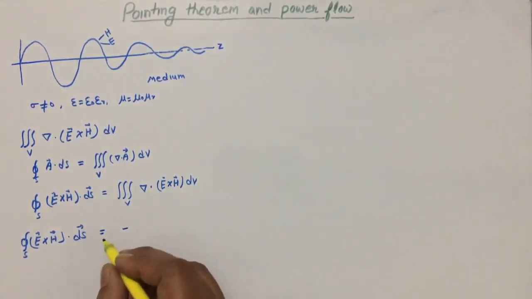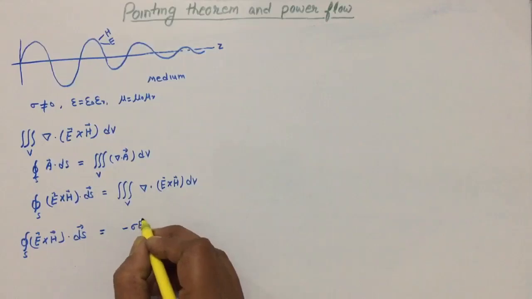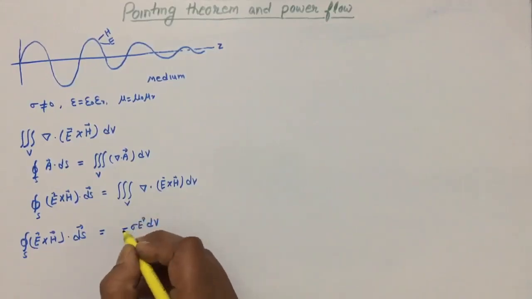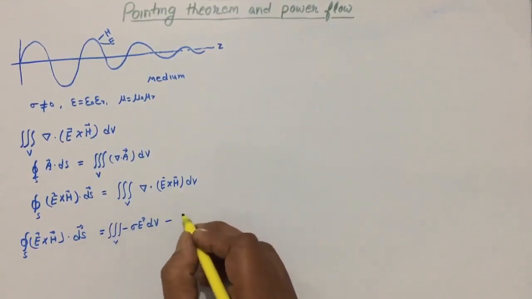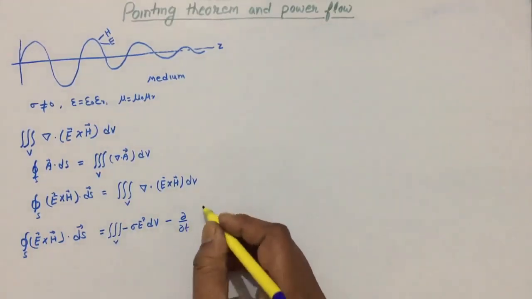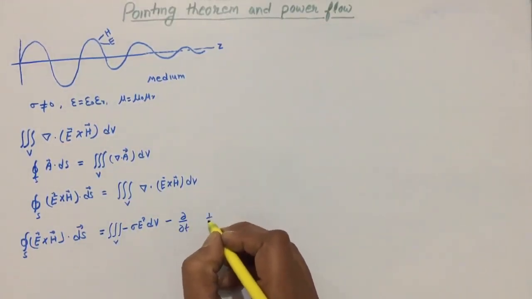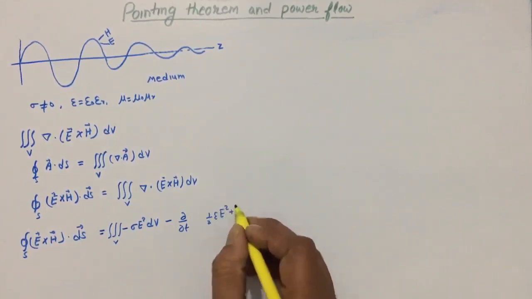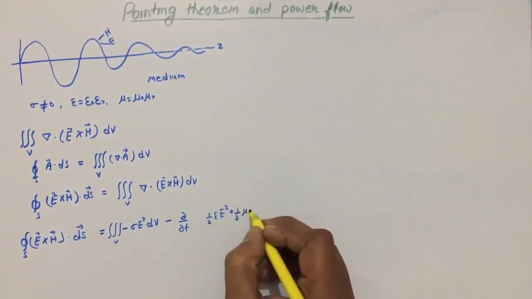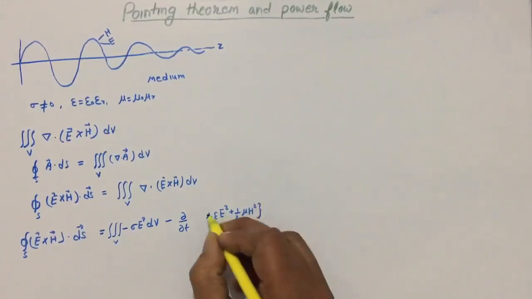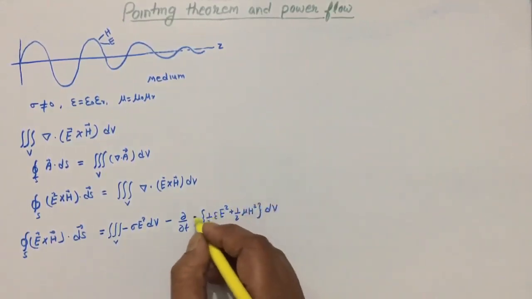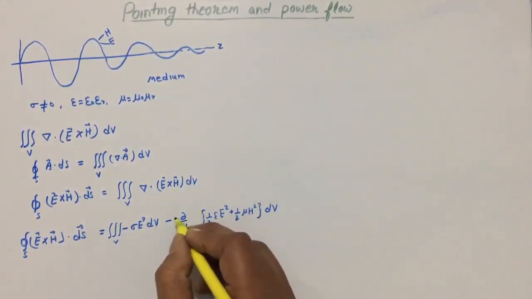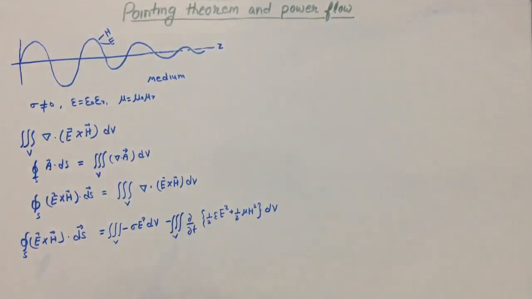It was equal to sigma E square dV for the entire volume, minus del over del t of half epsilon E square plus half mu H square dV for the entire volume. We can put volume here. We already derived these two terms.